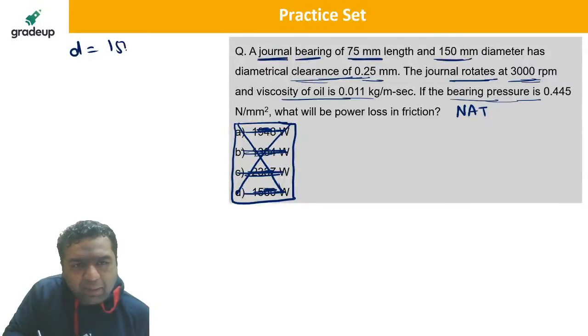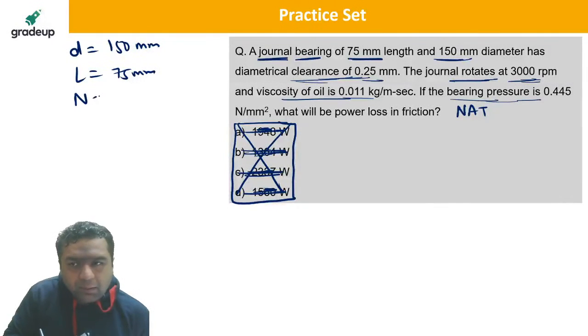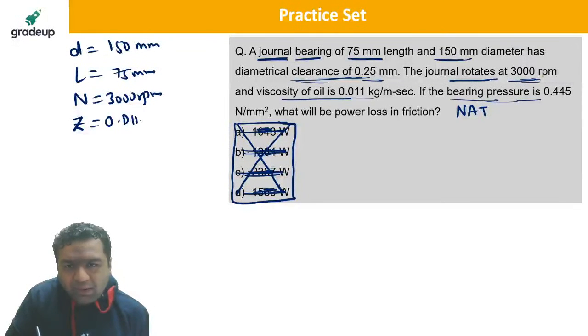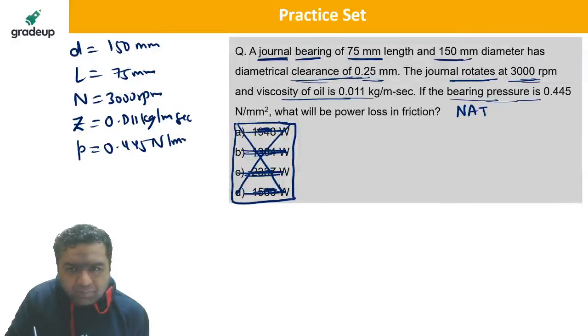Diameter is 150 mm, length is 75 mm, 3000 rpm. Viscosity is 0.011 kg per meter second. Bearing pressure is 0.445 Newton per mm square.